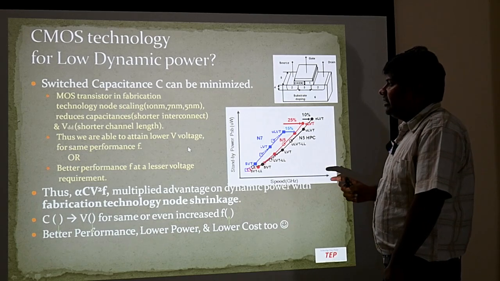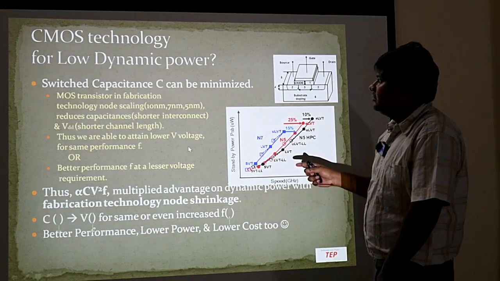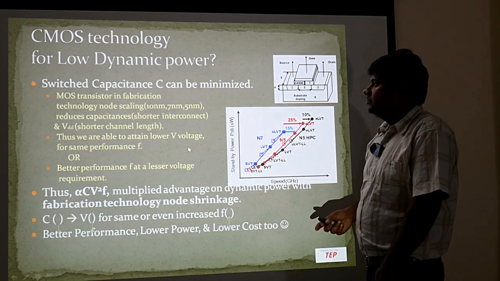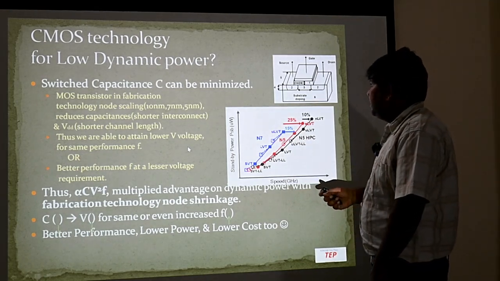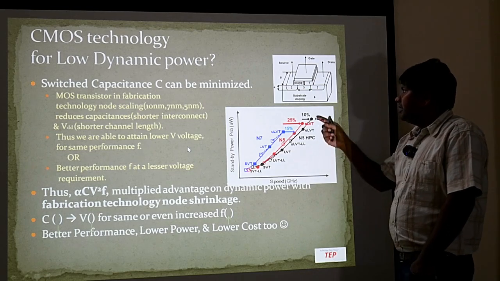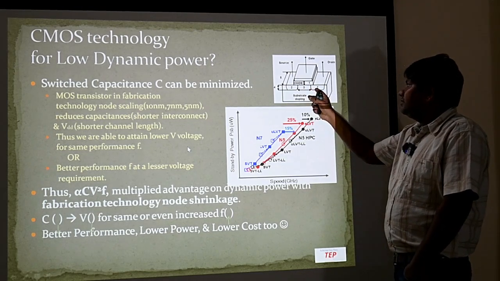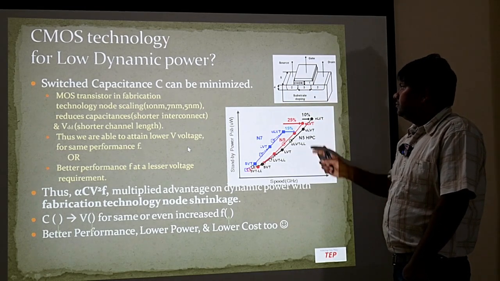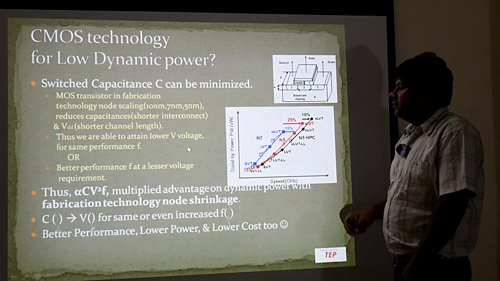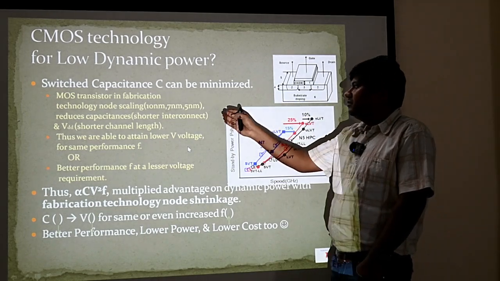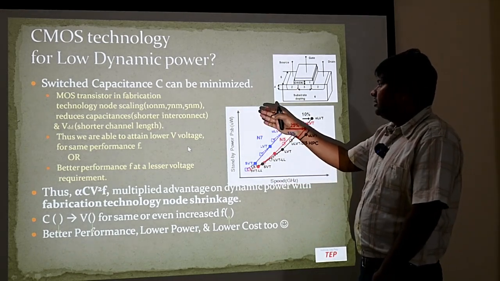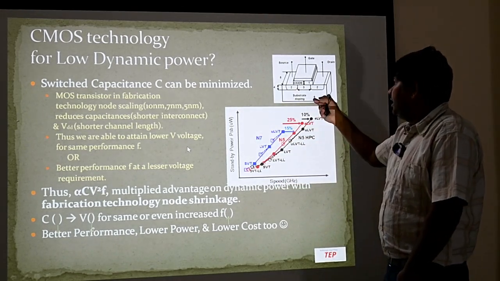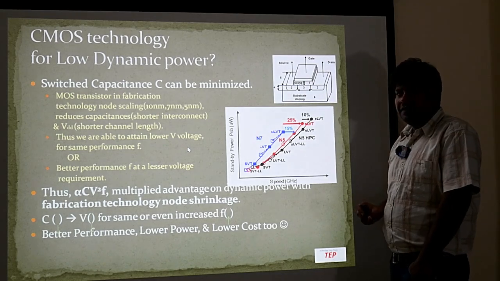Before going there, one aspect we want to discuss is technology node scaling. In technology node scaling, a transistor's gate length or channel length gets reduced, and we can see that a couple of years before we were at 10, then 7, then 5 nanometers gate length, and now 2 nanometers.